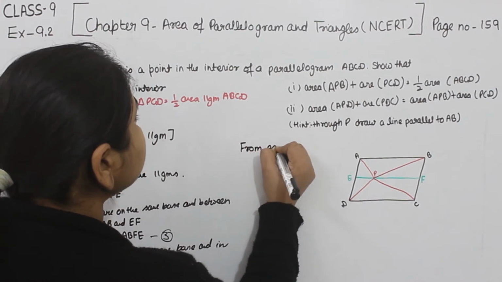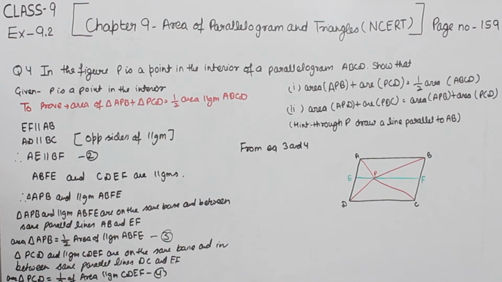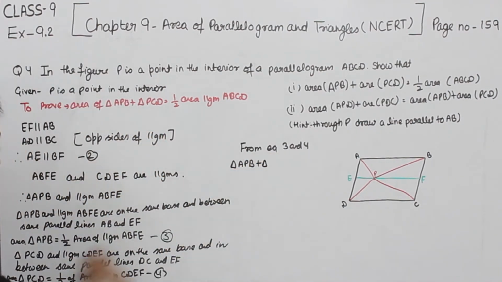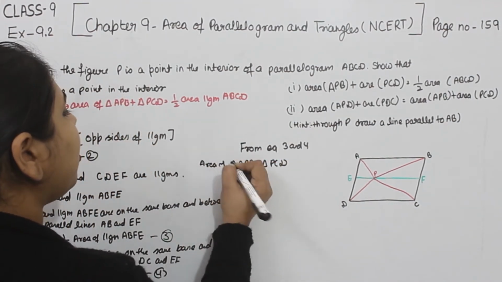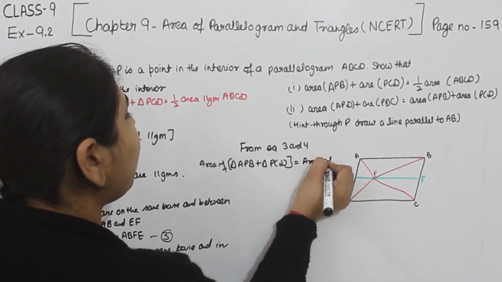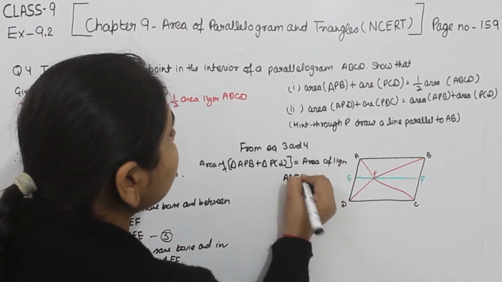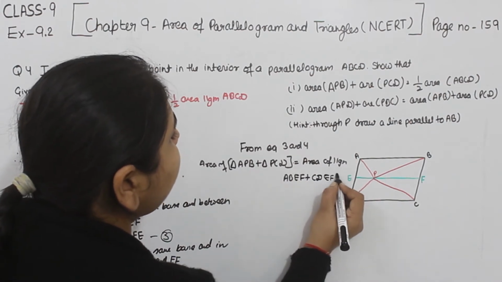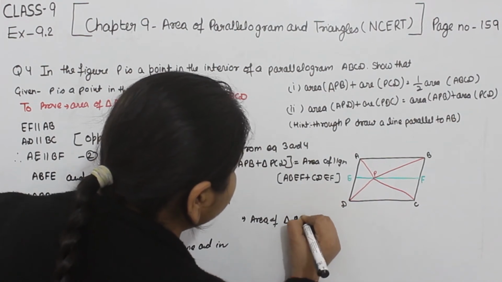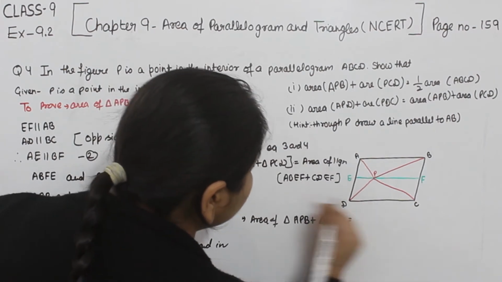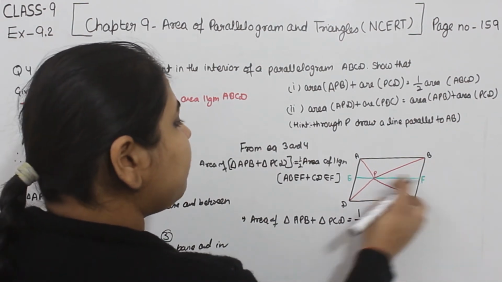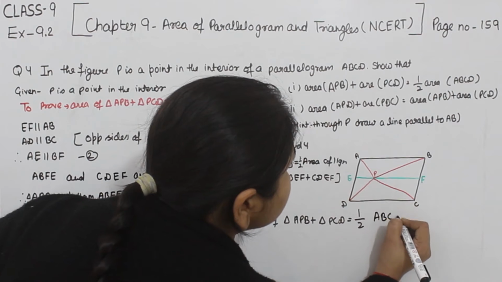Now from equations 3 and 4, adding both of them, the area of triangle APB plus the area of triangle PCD is equal to half the area of parallelogram ABFE plus half the area of CDEF. Half is common, so the area of triangle APB plus triangle PCD is equal to half of ABFE plus CDEF, which becomes ABCD.